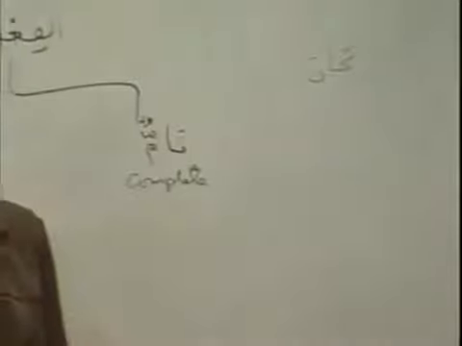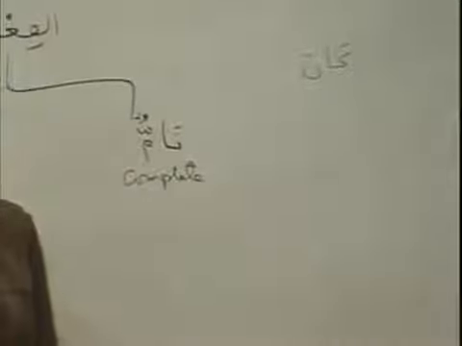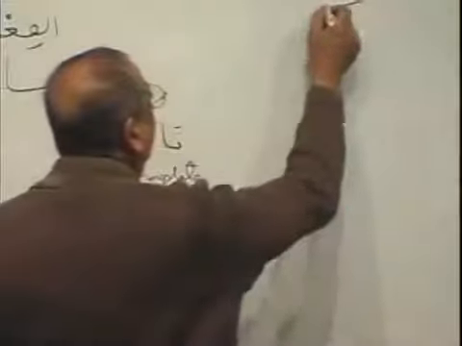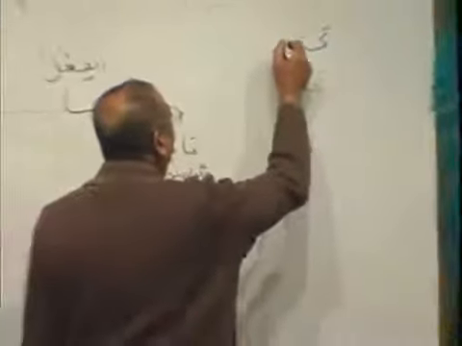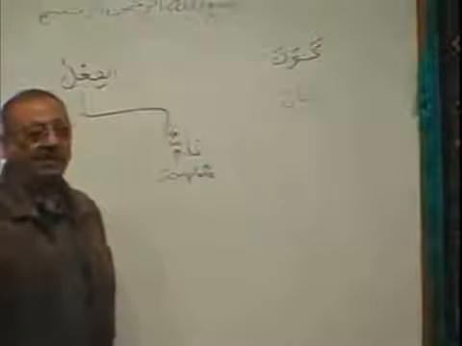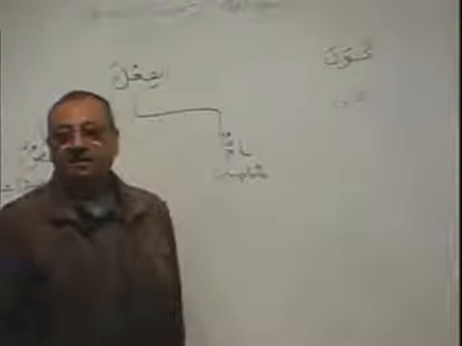Okay, brothers and sisters? So kana is an incomplete word. What is the root of kana? Ka waw nun, it is kawana. We are going to learn more in detail. But kana is madi.